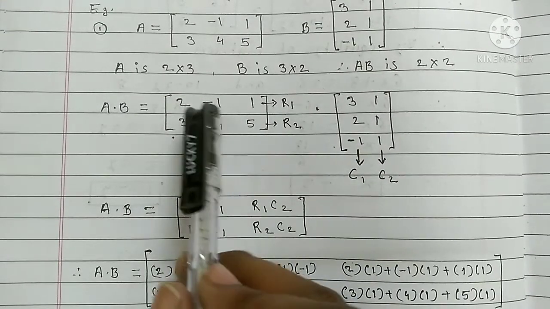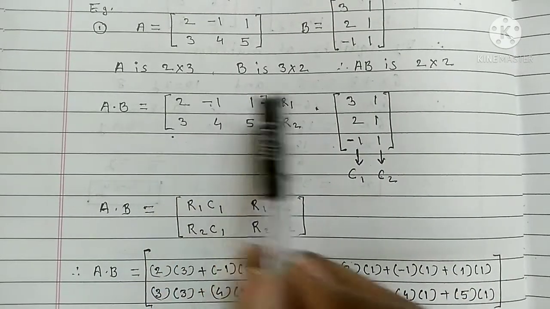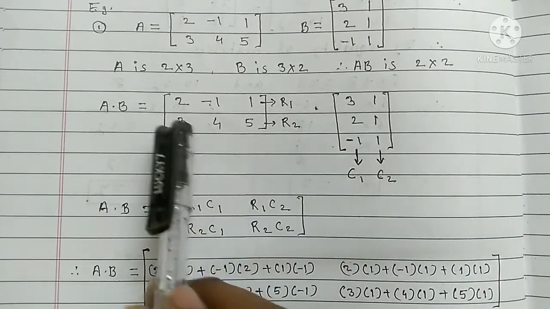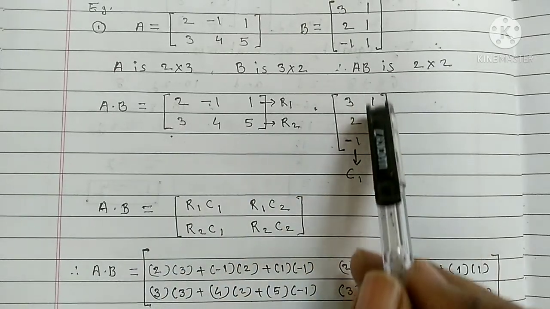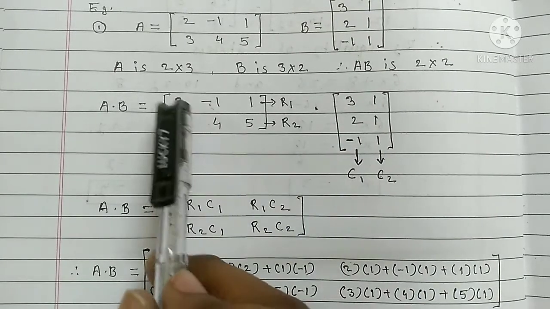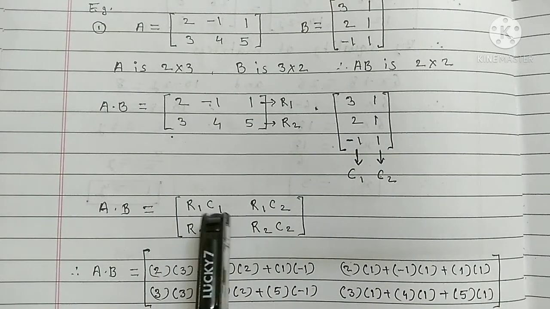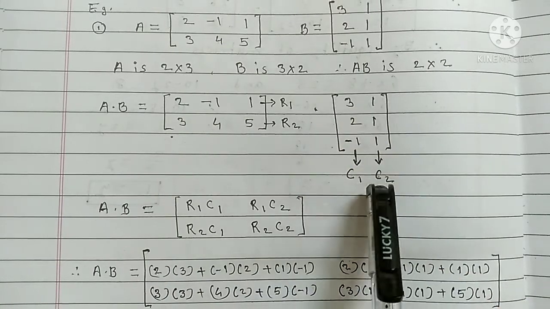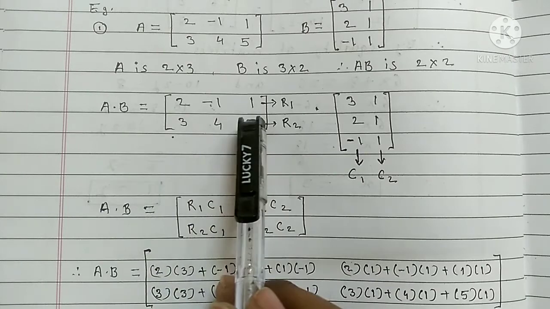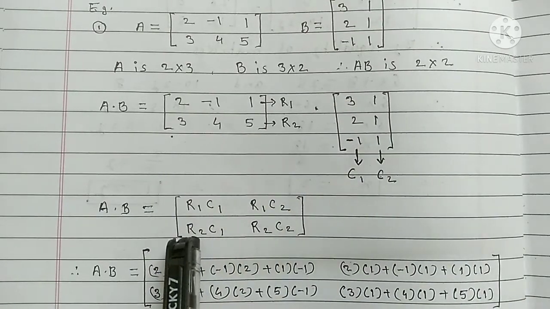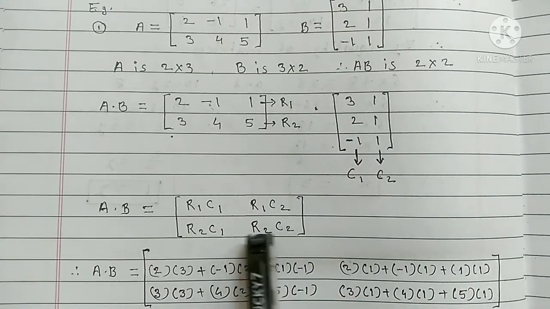We will multiply first row with first column, then first row with second column, then second row with first column, and second row with second column. So first row first column, that is why I have written R1 C1. Then first row second column, so R1 C2. Then second row first column, so R2 C1, and second row second column, so R2 C2.